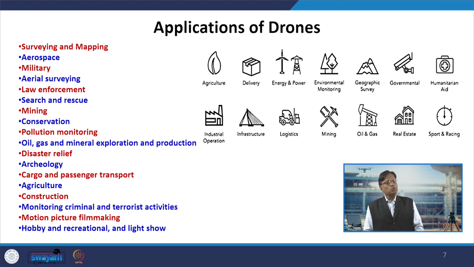Now there is a very large number of applications of drones, and only a few are listed here. One of the biggest advantages is in surveying and mapping, which we will discuss in subsequent lectures. Then it is useful in aerospace, military, aerial surveying, law enforcement, and search and rescue.